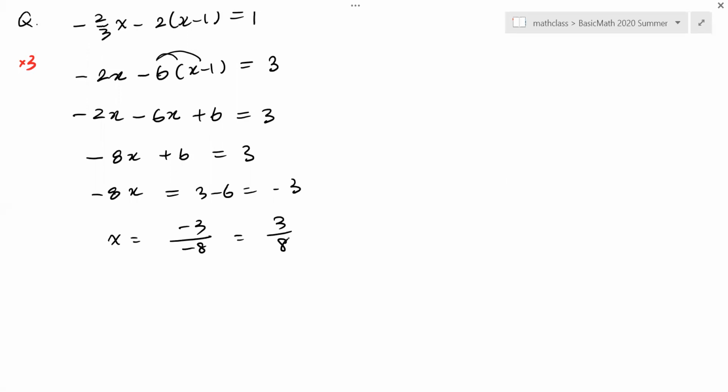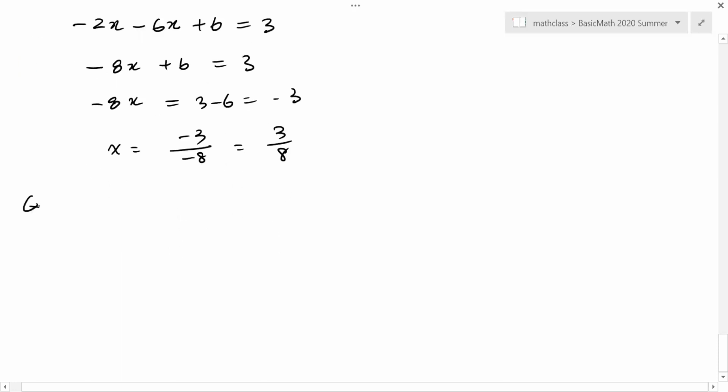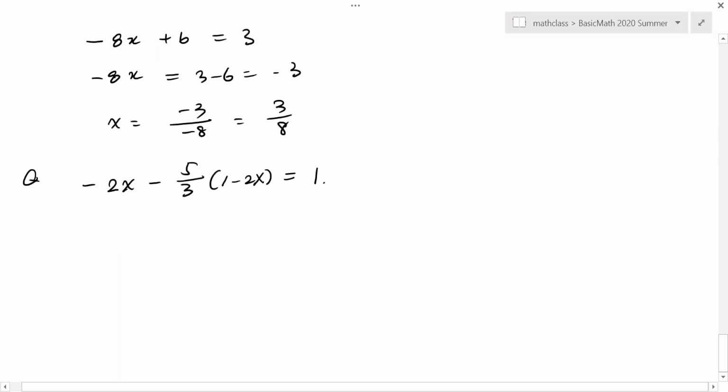Okay? I want to do a similar problem, otherwise you guys will still make mistakes. So negative x minus 5 over 3, 1 minus 2x equals what? Let's try this. I hope everybody gets the same answer.